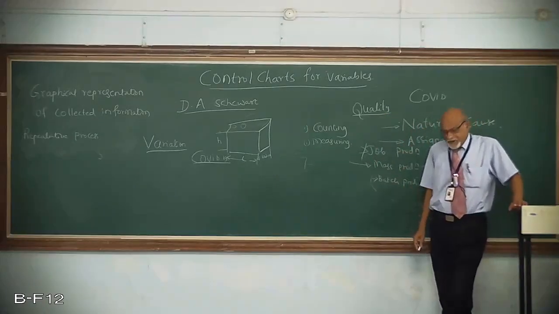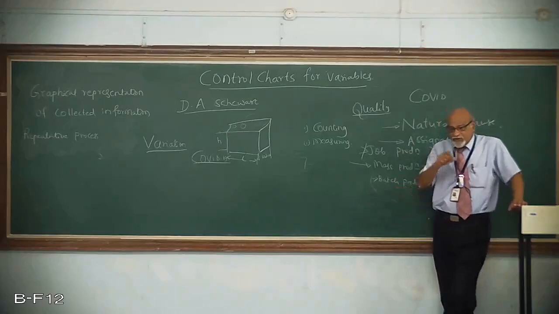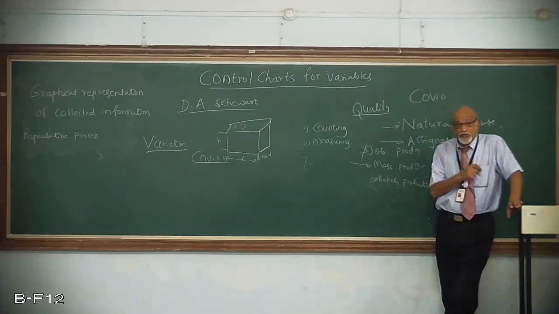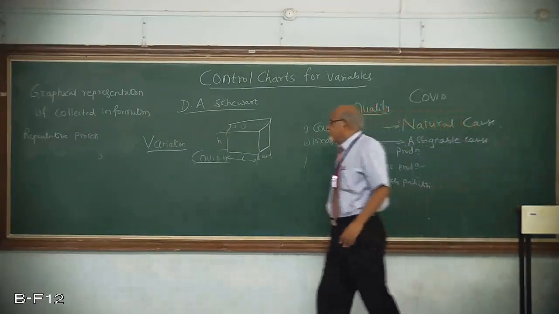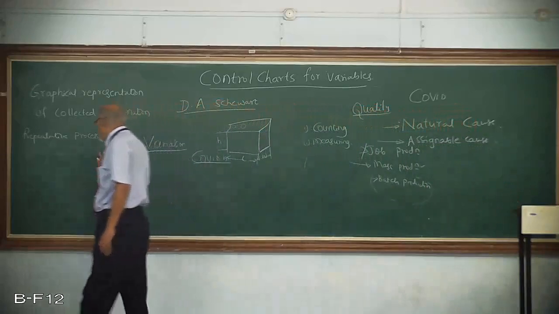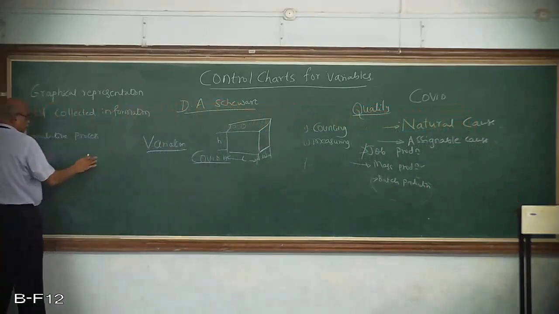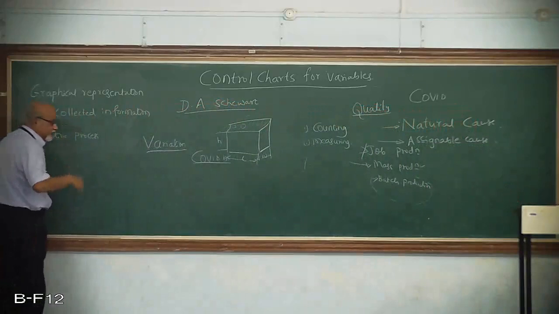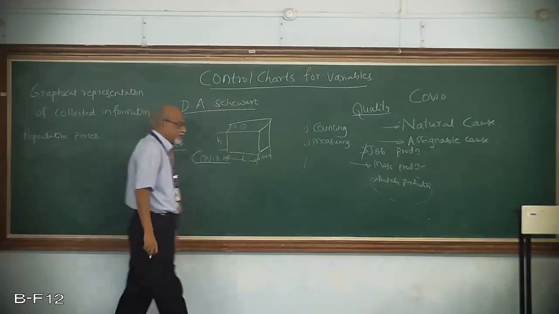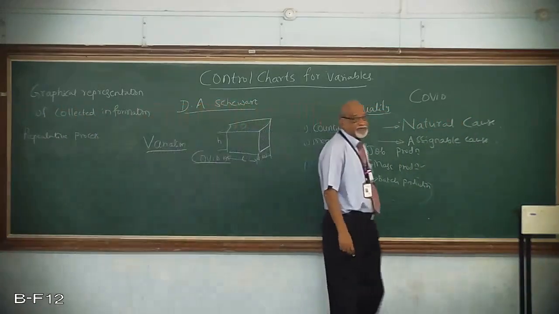Now, if you look at this variation, how much variation, that means what? How many defectives we are able to produce. Earlier, people used to say, you just see how the phenomenal growth has taken place in the quality area, or how quality control helps us.